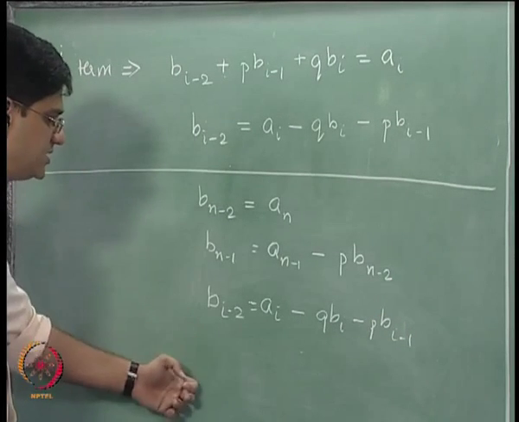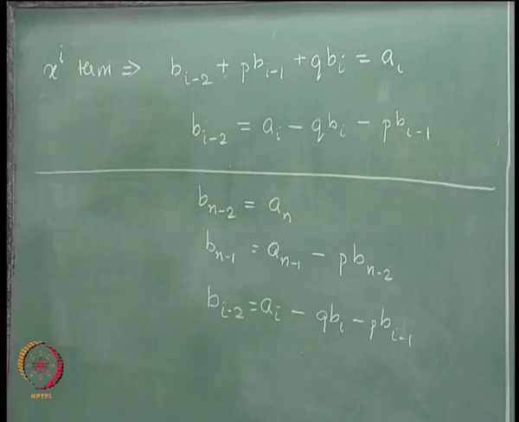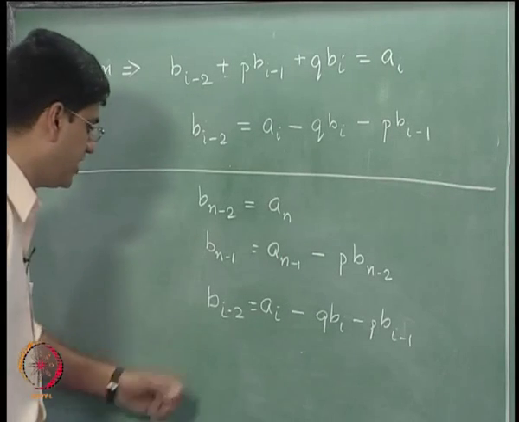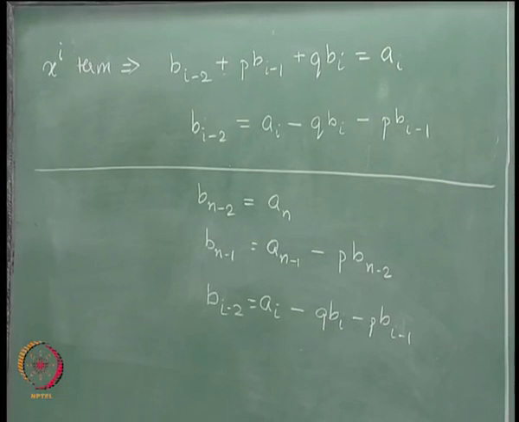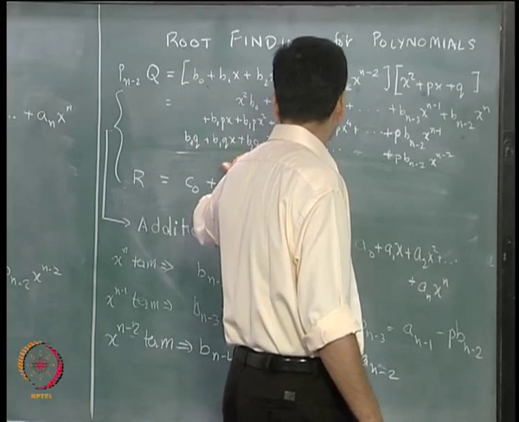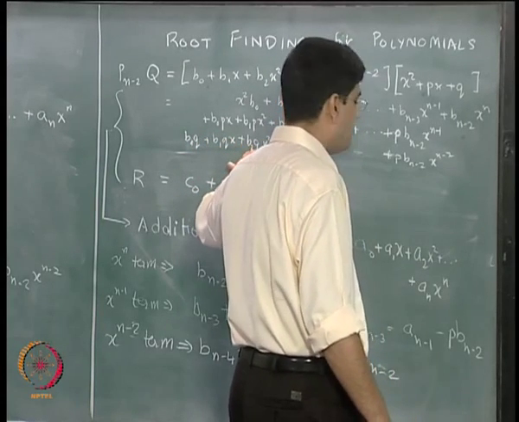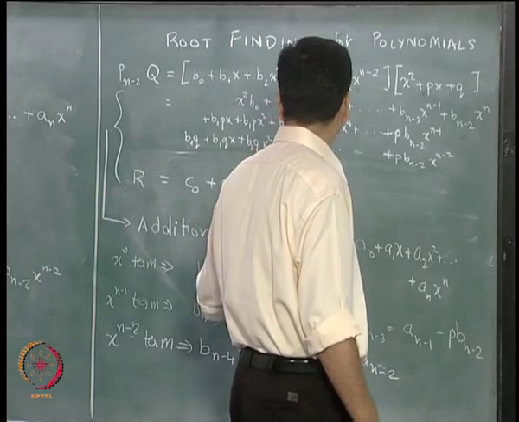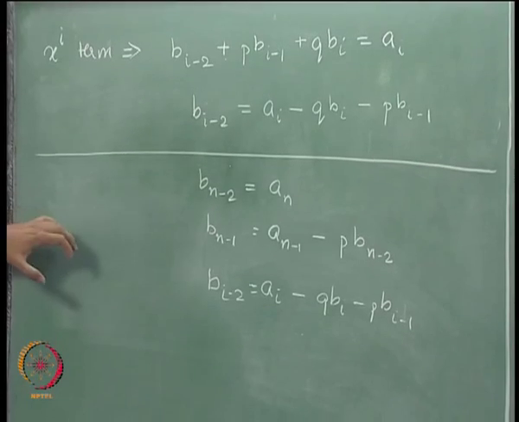We will repeat this essentially until we reach b1. When we actually reach b1, until we reach the x to the power 2 term, when we reach x to the power 2 we will essentially get our b0.